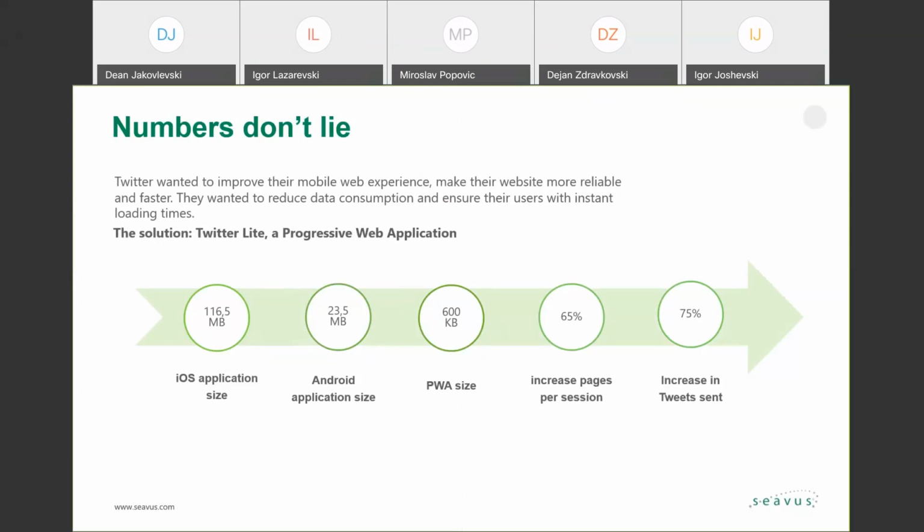The size of the progressive web application now is 600 kilobytes, compared to the size of the iOS or Android application, which is a really good result. They also increased the pages per session by about 65%, and about 75% more tweets were sent, and the average load time was reduced by over 30%.